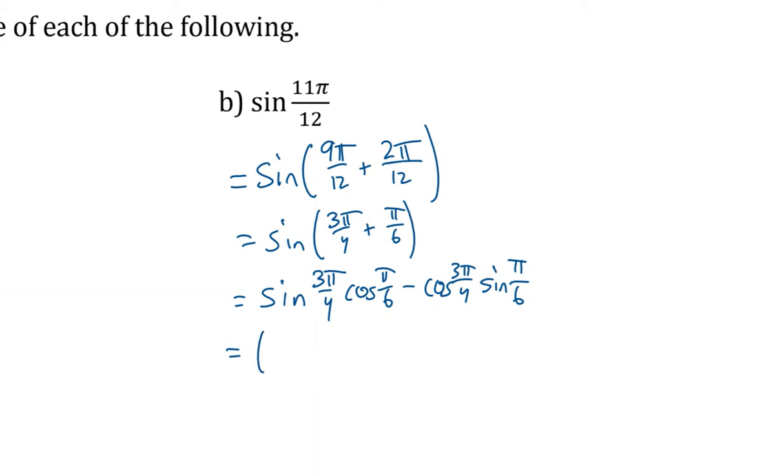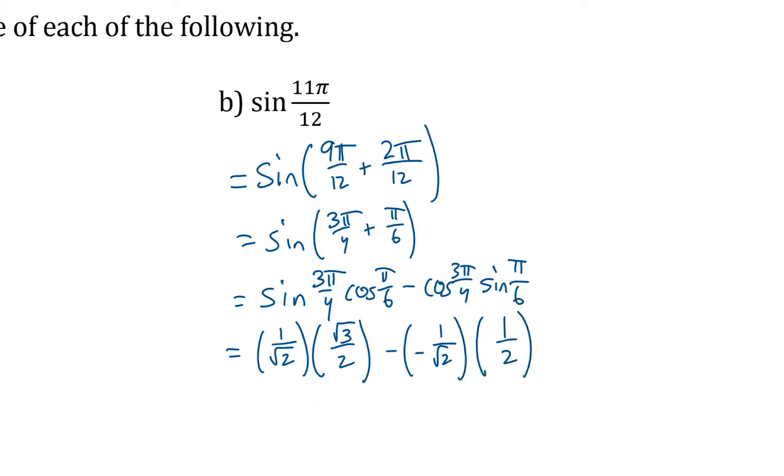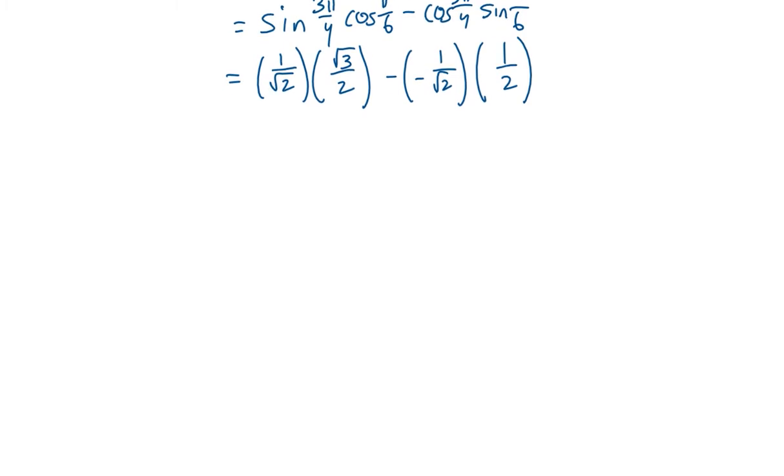So 3 pi by 4 is quadrant 2. Sine is positive in quadrant 2, so it's still positive 1 over root 2. Cos pi by 6 is root 3 over 2. Cosine is negative in quadrant 2. And then simplify.